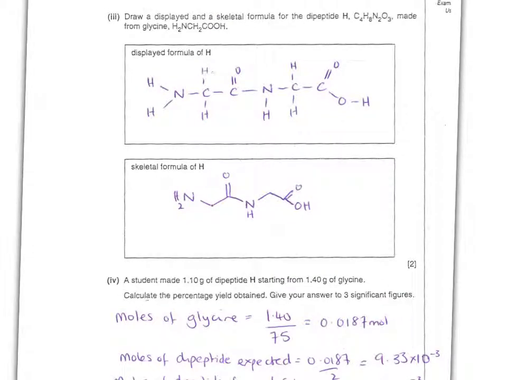For a dipeptide made from glycine, we need to take a hydrogen from one end on the amine part of the amino acid, and we need to take the whole of the OH from the carboxylic acid group on another amino acid.